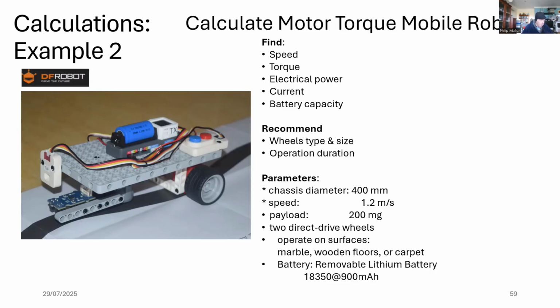We're going to drive 2 wheels, and it will be on all of these surfaces: marble, wooden floors, or carpet. And we'll use a removable lithium battery, which has a 900 milliamp hour capacity. It looks like this, and you can see it next to the computer mounted on the motion base.